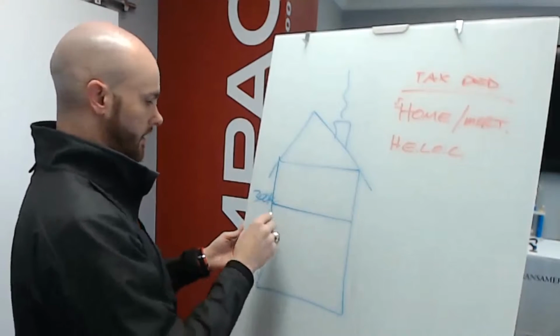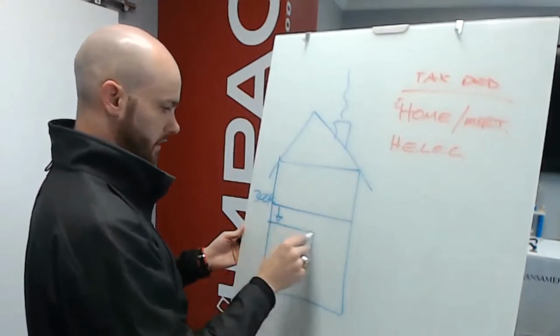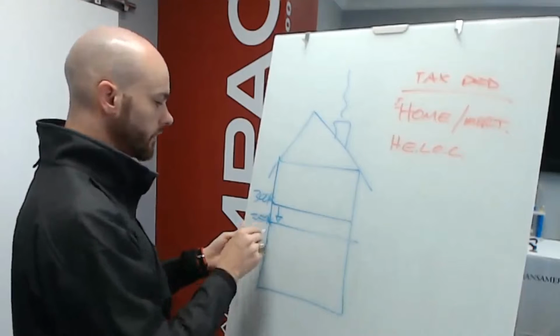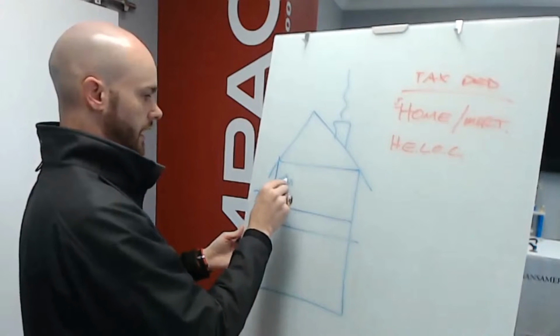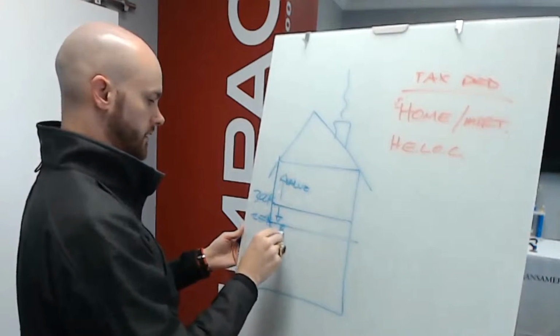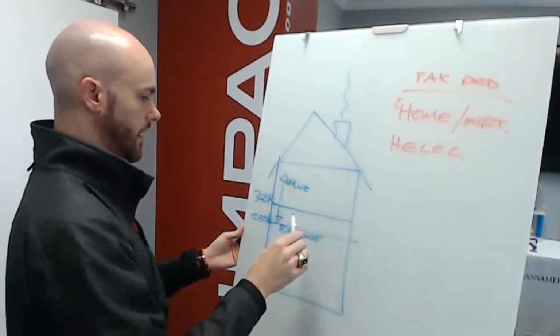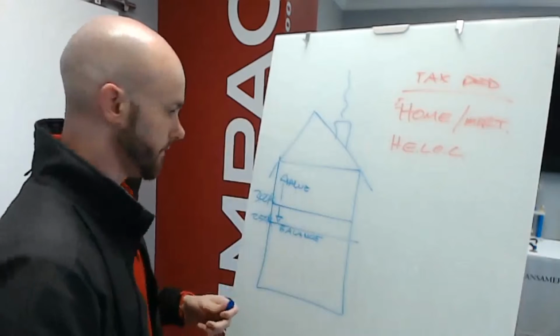Some years go by, you pay down the balance, let's say to $250,000, but then the value goes up, balance goes down, and so that gap that's being created there is equity, right?